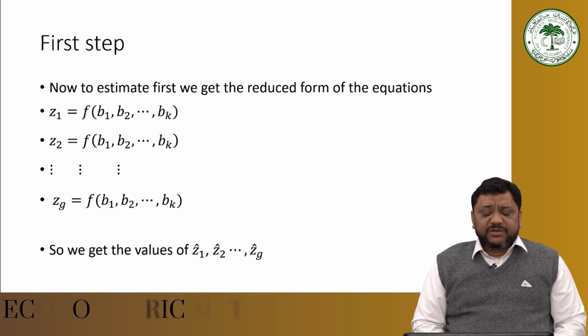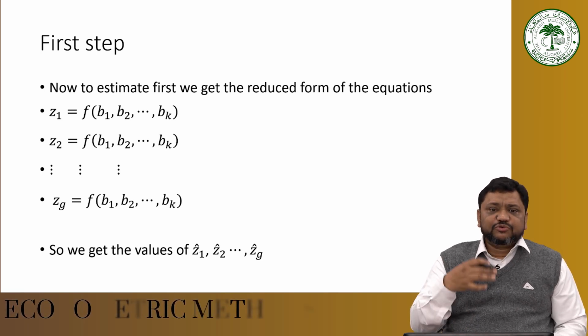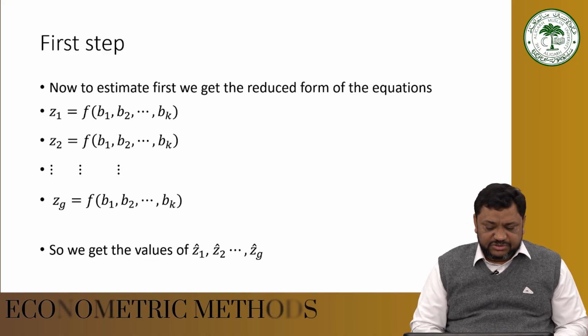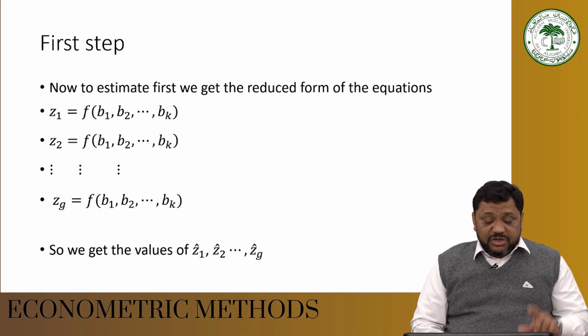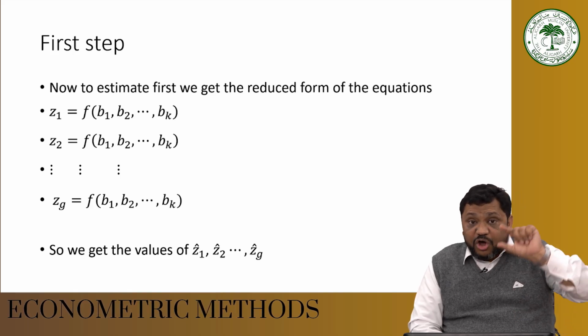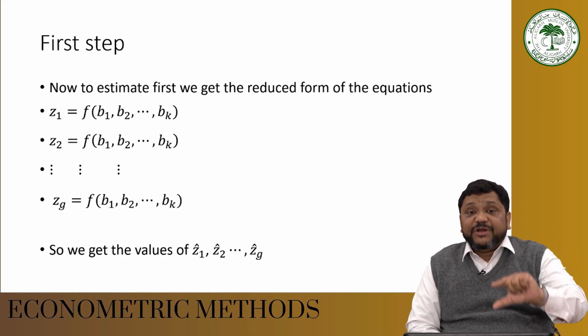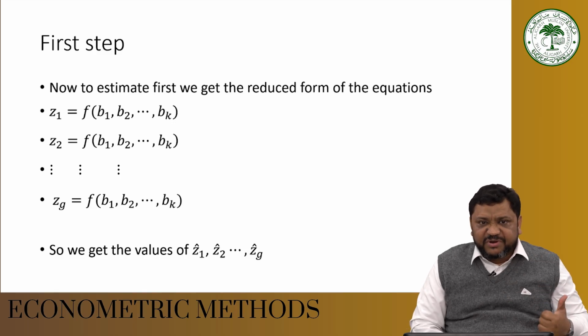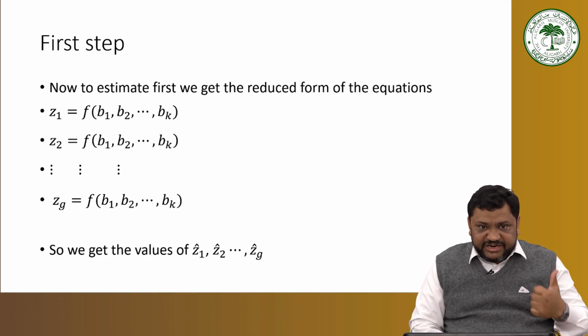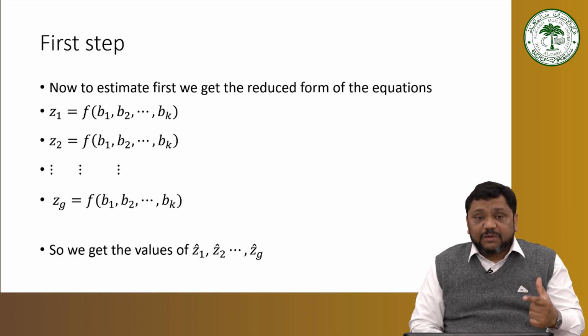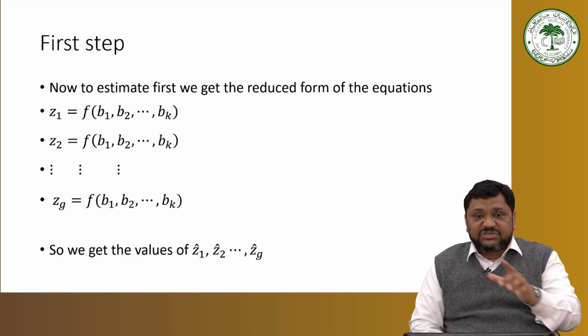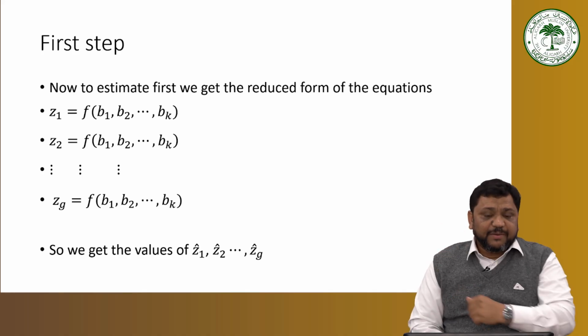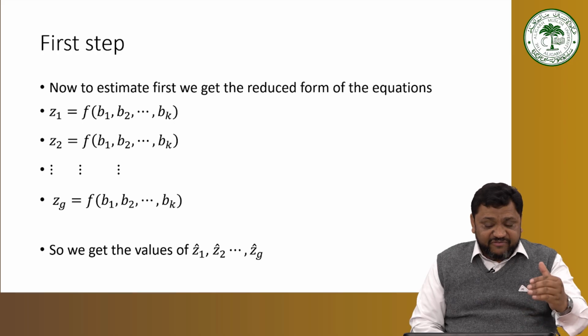Now to estimate, we first do the reduced form of the equations. So z1 we now write only in terms of b1, b2 and bk, which are the predetermined variables. Similarly, z2 we write only in terms of predetermined variables. z2 is a function of b1, b2 extending up till bk. So we have done the reduced form.